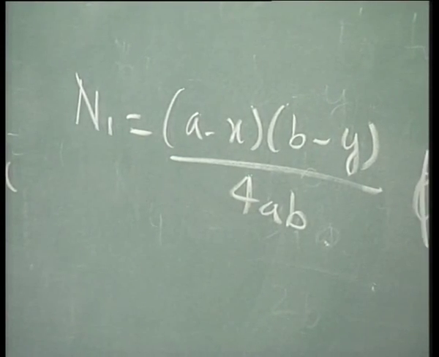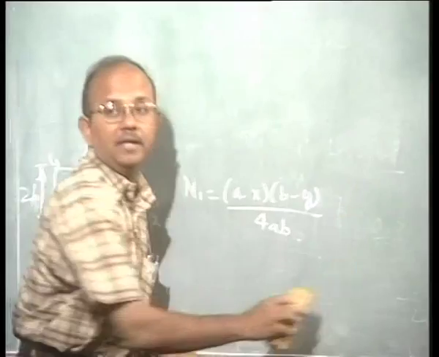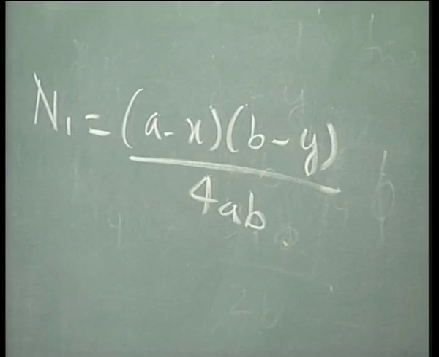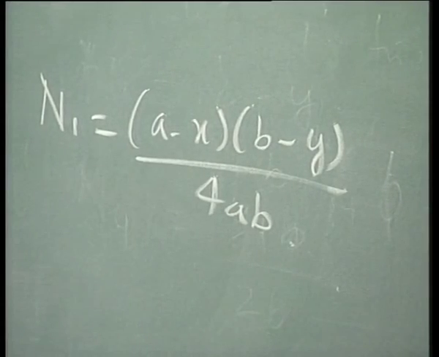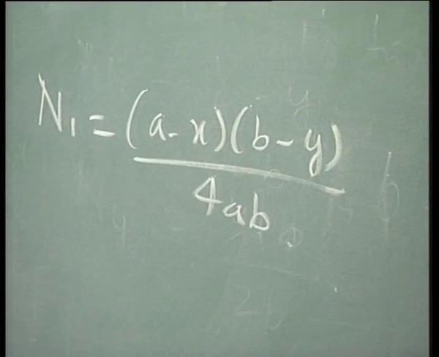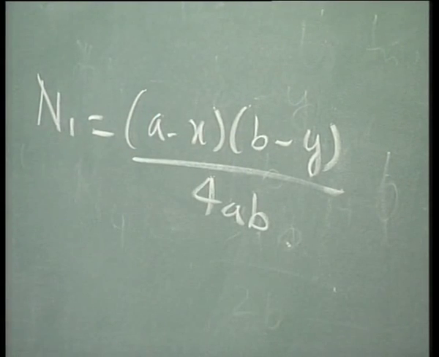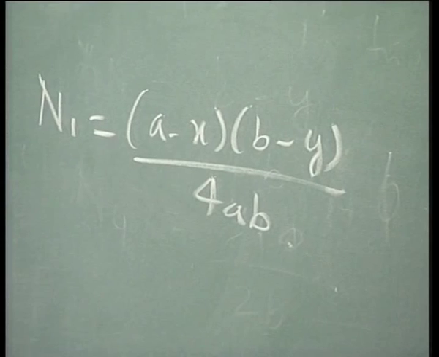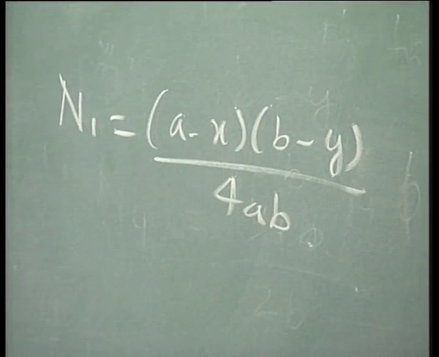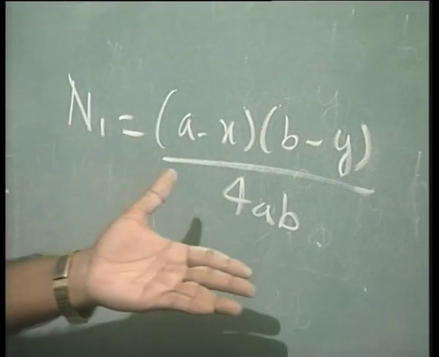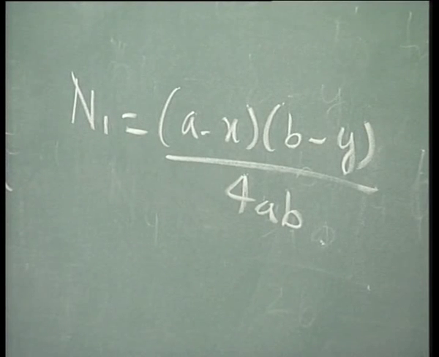How do I check this? Yes, very good. So substitute for node 1 the x and y values, okay. You substitute this node 1 x and y values, and what should you get? n1 should be equal to 1, okay. See whether you are getting 1. So this is minus a comma minus b, substitute it, you are getting 1, okay. That is the first check.